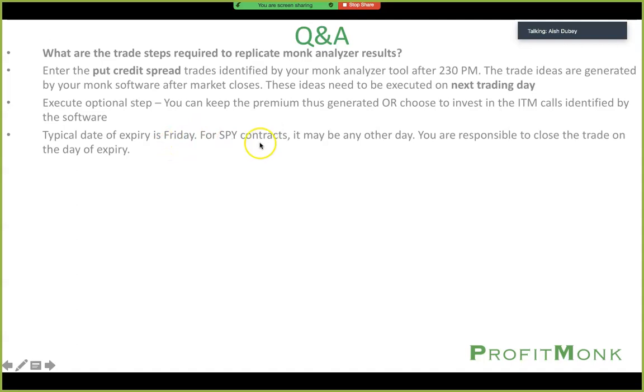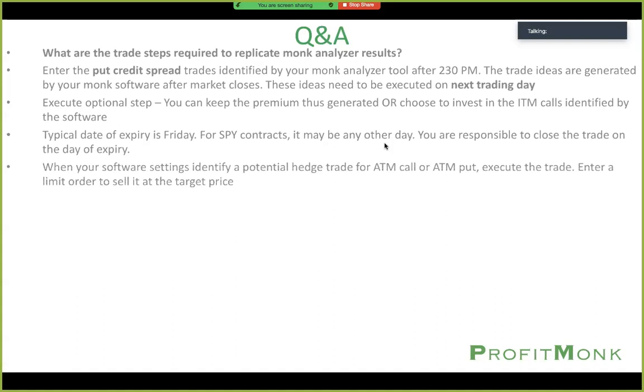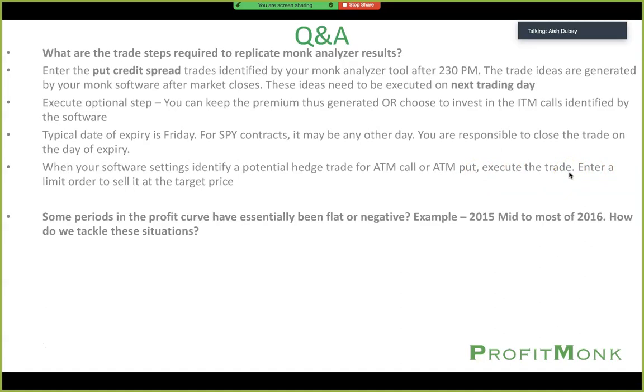Typical day of expiry is Friday, but for SPY contracts, it may be any other day. So be careful if you're playing SPY. Otherwise you may get assigned, and then it's not a disaster. It's just a minor issue. When your software settings identify a potential hedge trade for ATM call or ATM put, you execute that and enter a limit order to sell it at the target price. So this is basically the steps.